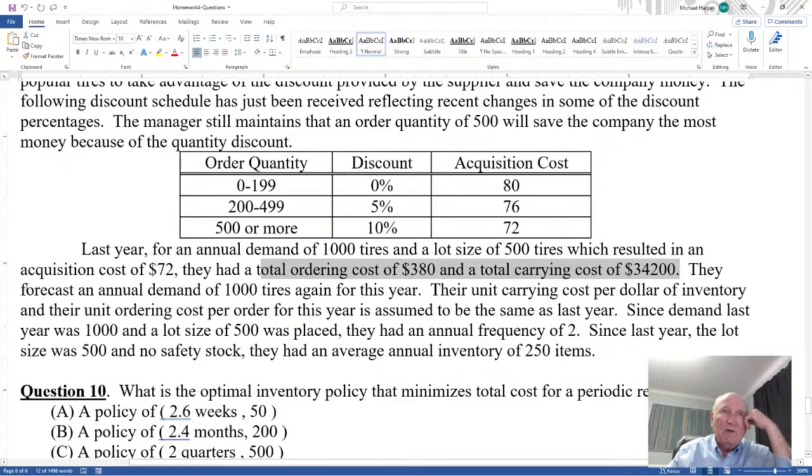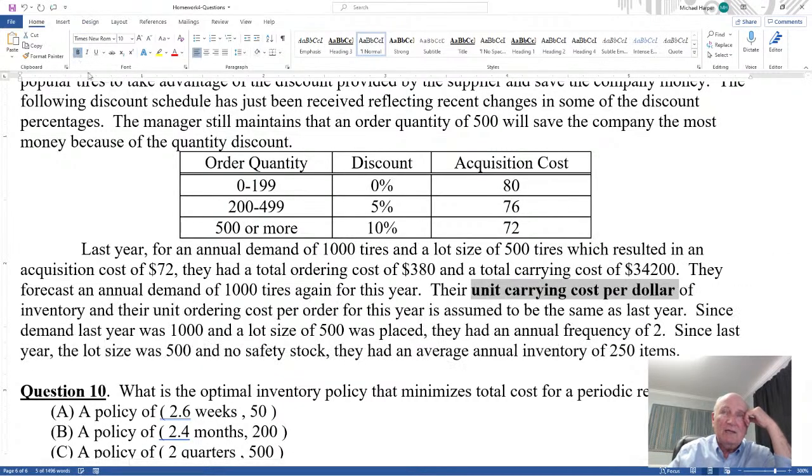Okay, they forecast an annual demand of 1,000 tires again for this year, and their unit carrying cost per dollar of inventory and the unit ordering cost per order for this year are assumed to be the same as last year. Now notice the unit carrying cost per dollar. Let me highlight that. And remember, let's bring back our lecture.